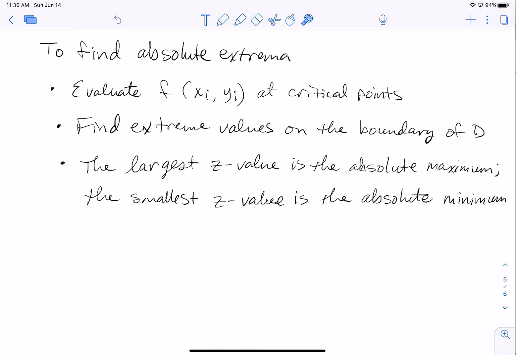This is very analogous to R2. You find critical numbers, you evaluate at the endpoints of the interval, and then the largest output is the max, the smallest output is the min. But now here, the wrinkle is that we find extreme values on the boundary of D, and that can be a little bit confusing, but we'll work through that in our next example.